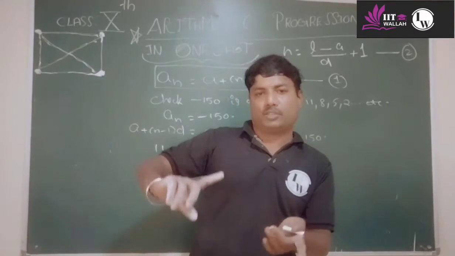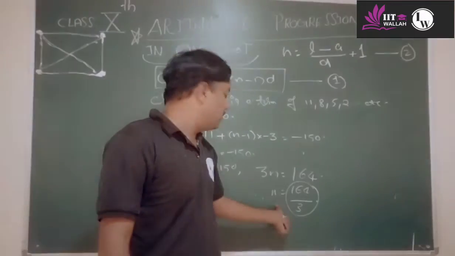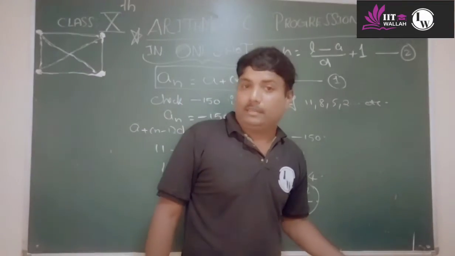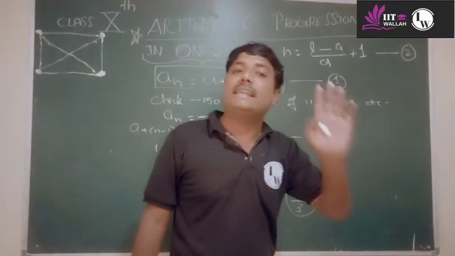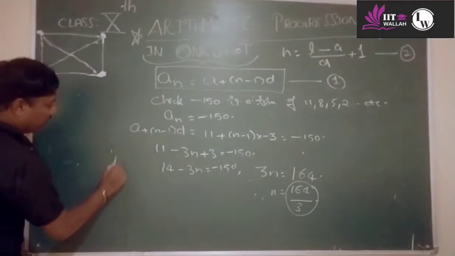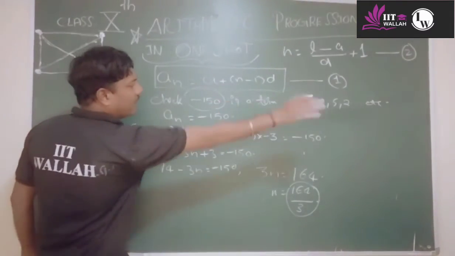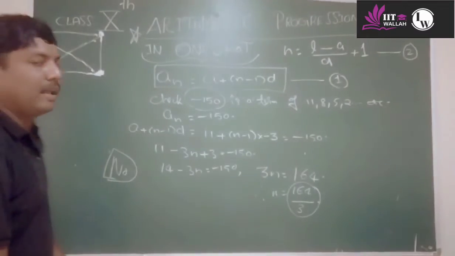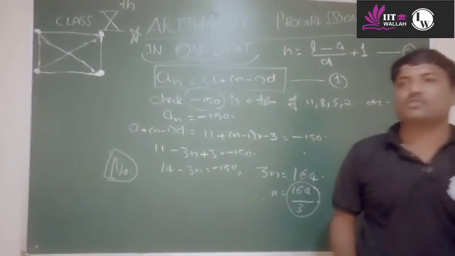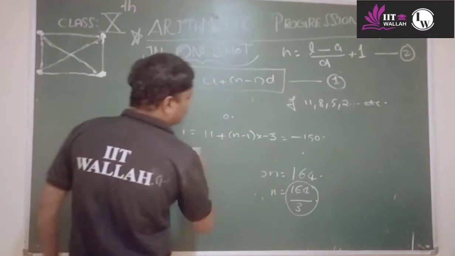It means only integers will be applicable for the value of n. Here we are not getting an integer, so the answer of this question is no, this is not a term of this given AP. You might have understood very clearly. You can pause the video to note it down.